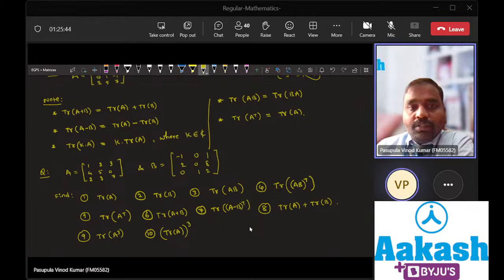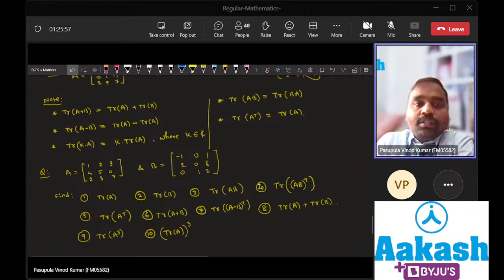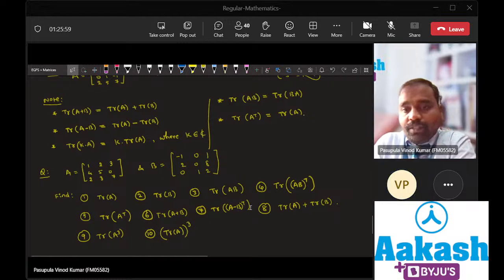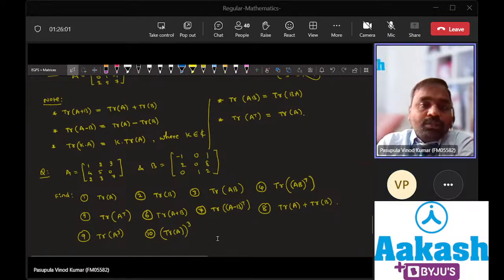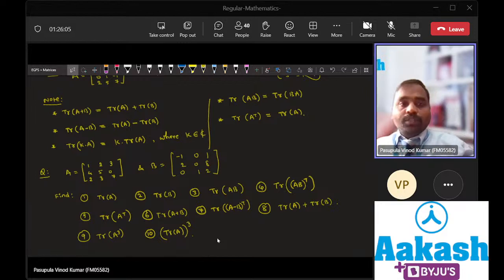Remember this. You will get confused with the properties, so many properties will be there. You have to be very clear with every property. Is this clear, everyone? Yes. So do all these basic questions, and we'll continue tomorrow.